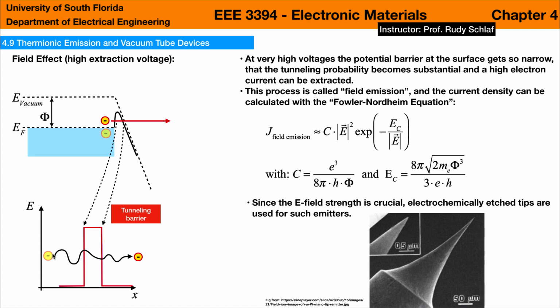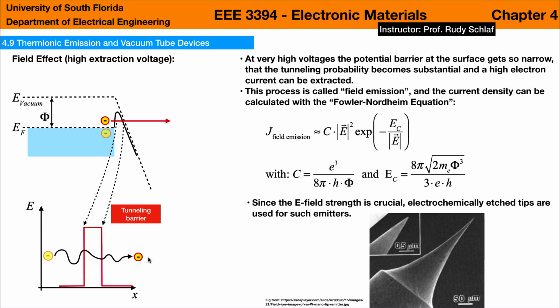So we get what we saw in chapter 3, that the electrons come from the inside of the metal of the tip to the surface, and then they find that potential, that narrow potential generated by the high extraction potential, and then their wave function exponentially decays through the barrier, and we get a sizable probability that the electrons can then leave the cathode.